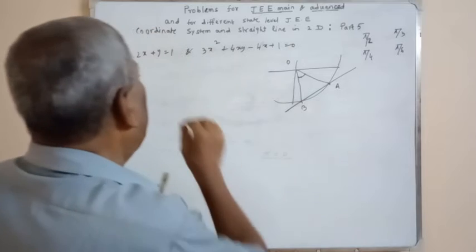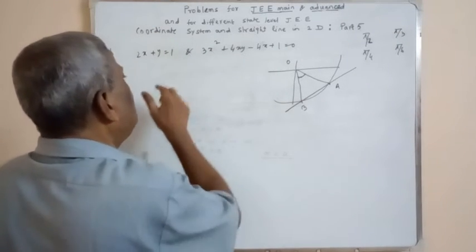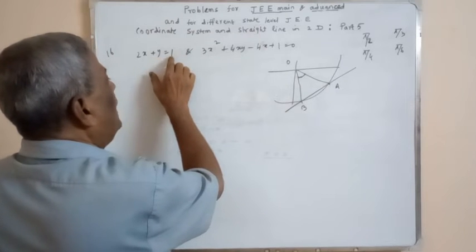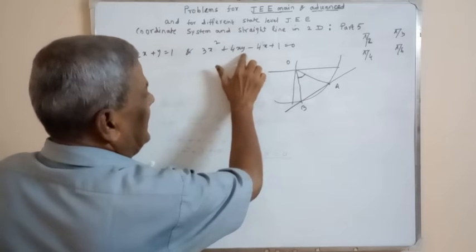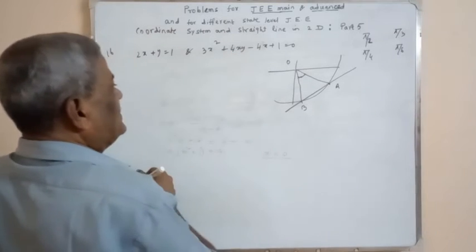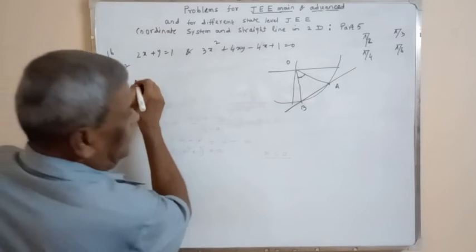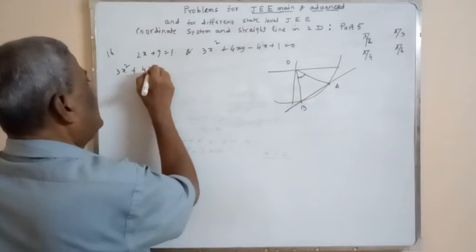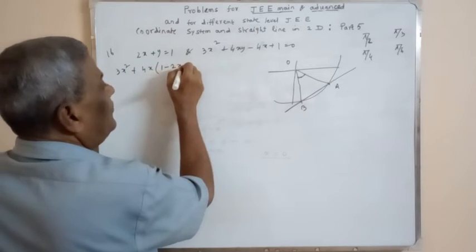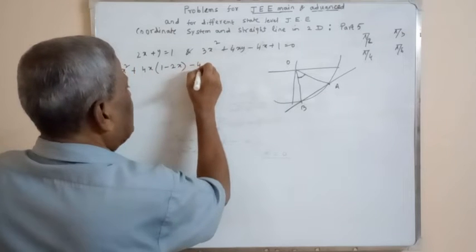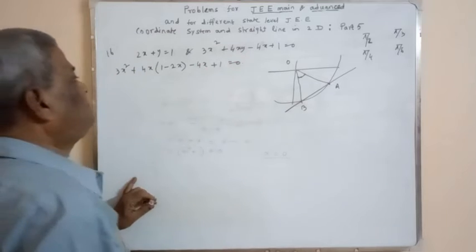How? Simply by solving this and that. The solution is very simple because y is equal to 1 minus 2x. Put it there, since only y is present here. We get 3x square plus 4x into y, y meaning 1 minus 2x, minus 4x plus 1 is equal to 0.